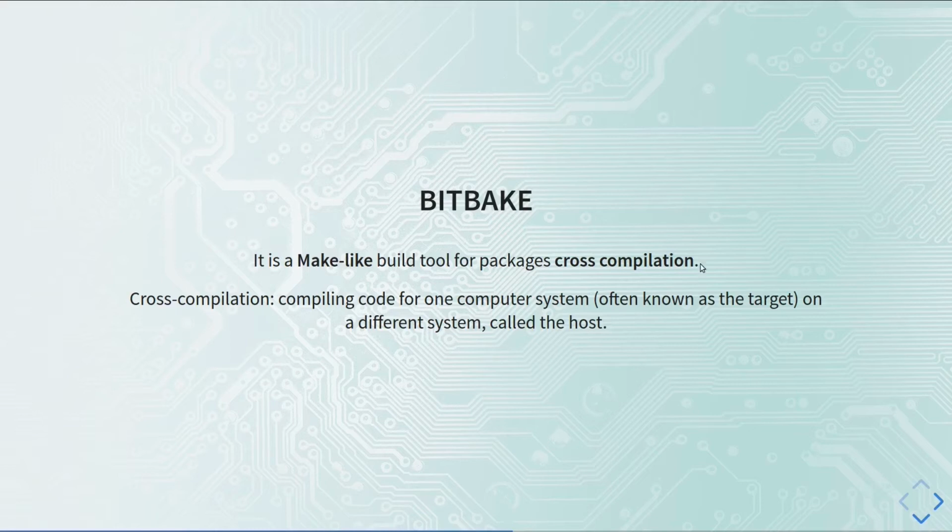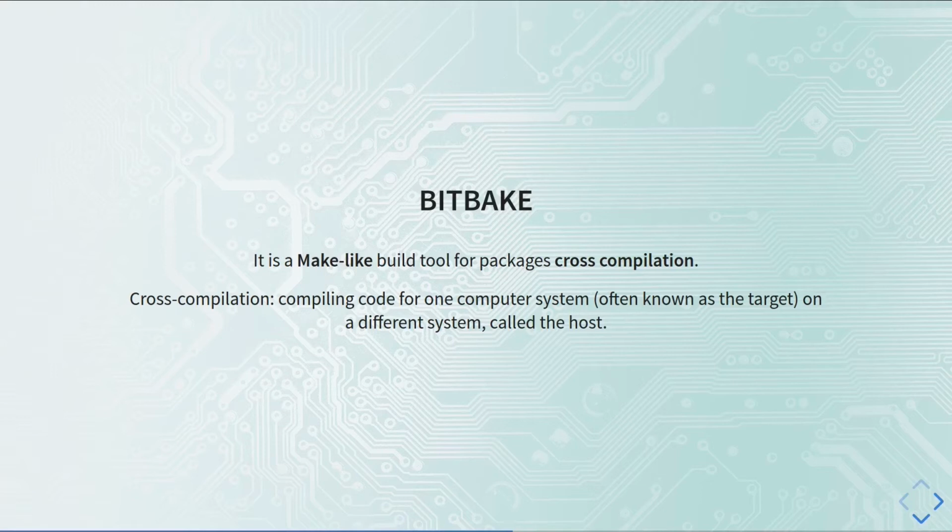BitBake is make-like. So for those of you who already know how to use Make, it will probably be quite easy to understand how BitBake works. And it performs cross-compilation of the packages. What is cross-compilation? Basically, we are creating an operating system for embedded Linux, for embedded architectures.